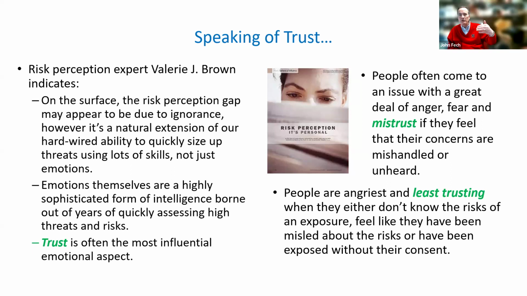So this is Valerie Brown. She's a risk perception expert. In the bottom on the left, there's a lot of words here. She identifies that trust, just like David Horsager did, is the most influential emotional aspect. And when you start talking about this subject, it's very emotional, or can be.